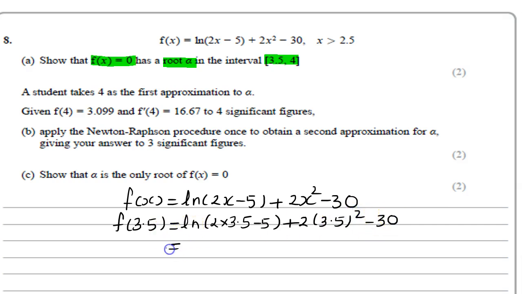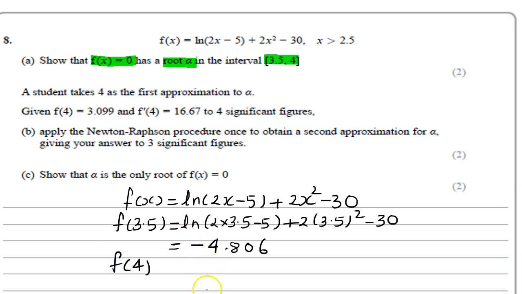Let me put this value in a calculator. Once we put ln(2 times 3.5 minus 5) plus 2 times 3.5 square minus 30, it is giving you minus 4.806.